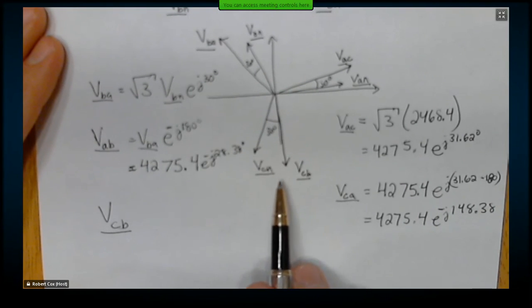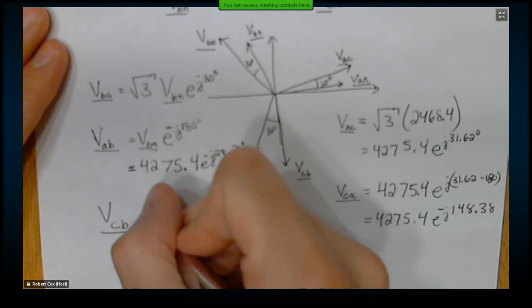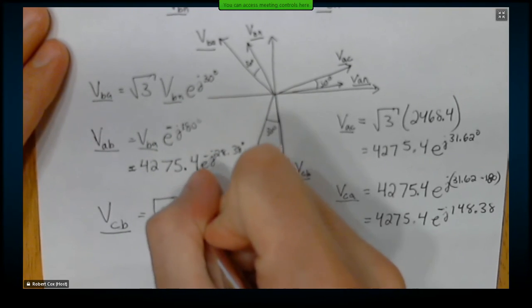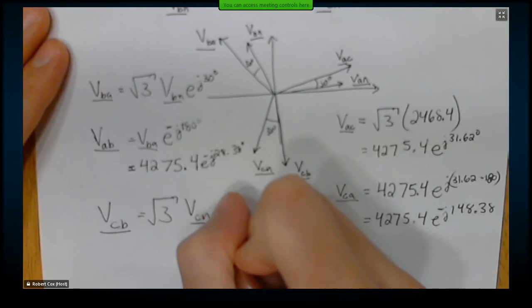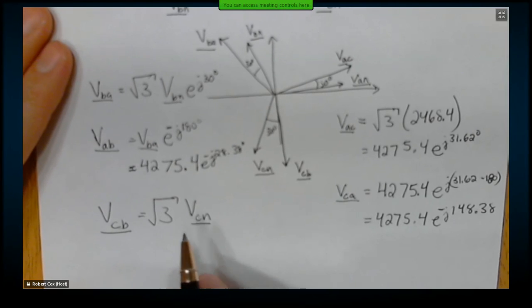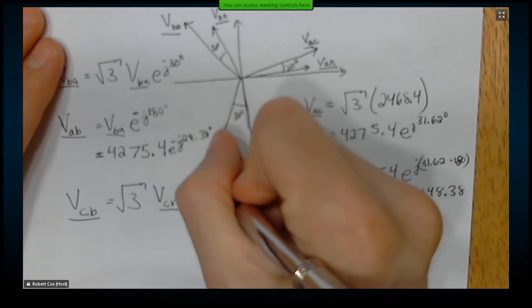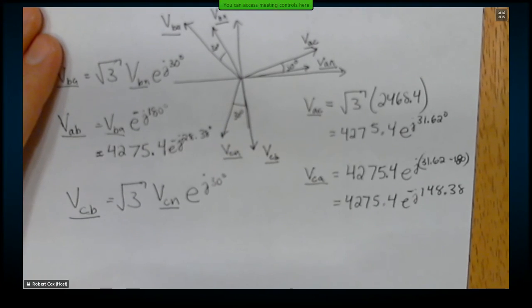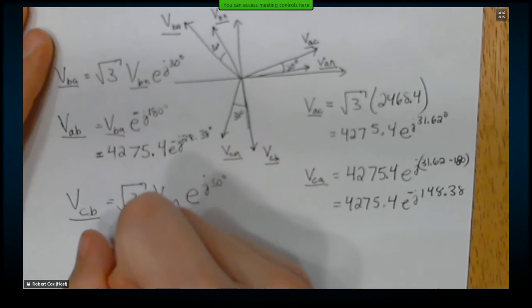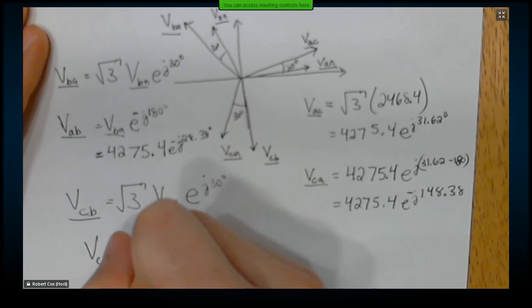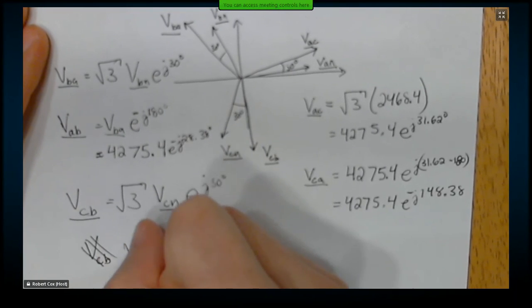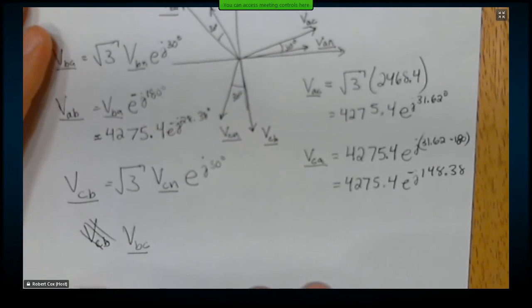And if I follow that same approach for the other one, VCB, looking at the picture, VCB is 30 degrees ahead of VCN, root 3 times VCN. That's how I change the magnitude, multiply by root 3, and then I add another 30 degrees to it. Then what they actually asked me for is VBC.